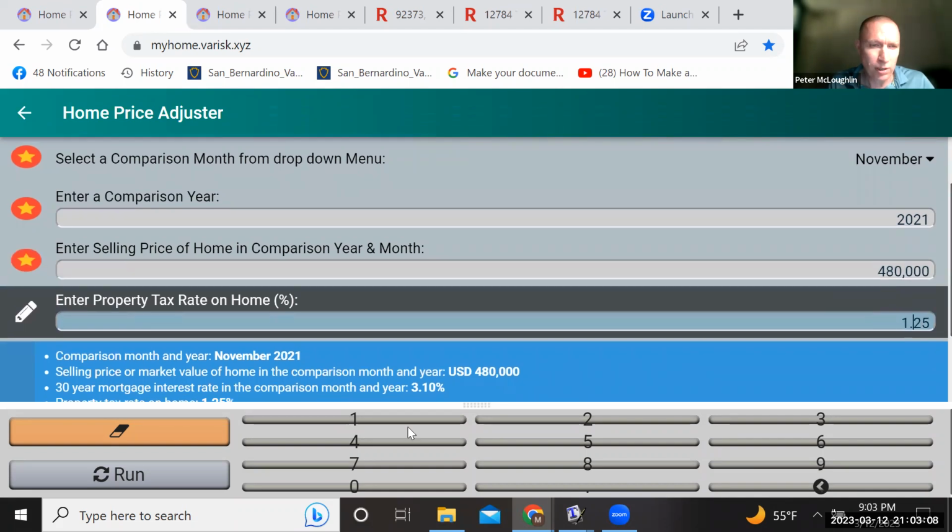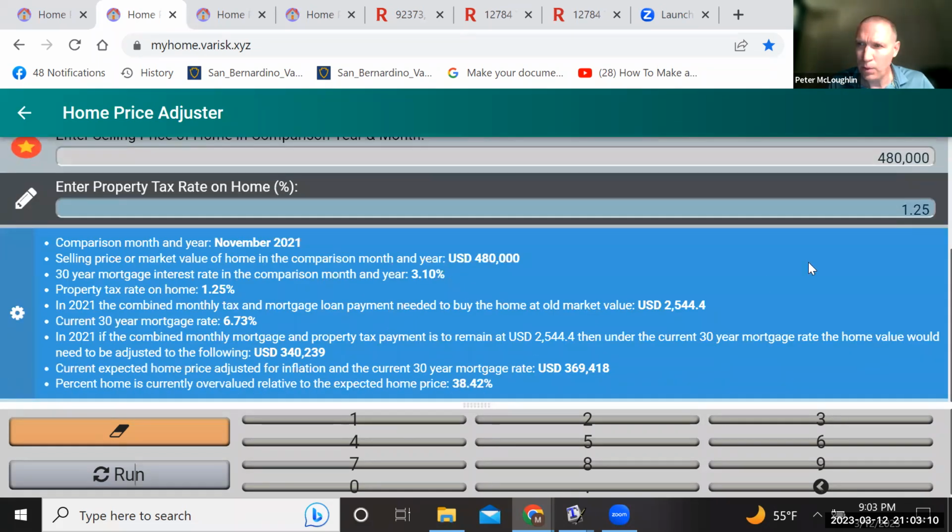Then I press run, and it gives me the information. It's saying the 30-year mortgage interest rate in the comparison year, November 2021, was 3.1, and the current interest rate is 6.73. That's today, which is March 12th, 2023.